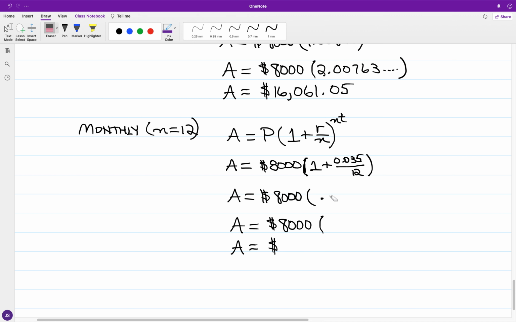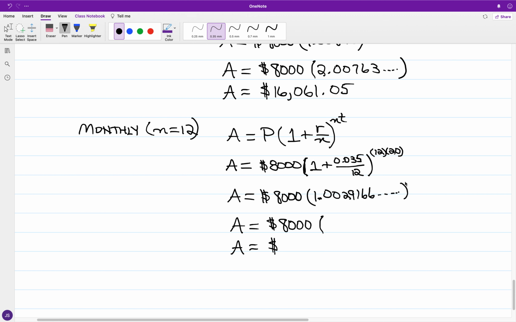So here you have 1 plus 0.035 over 12. And this number is going to be a floating decimal. So you have like 1.0029166, and we have just 6's repeating throughout.